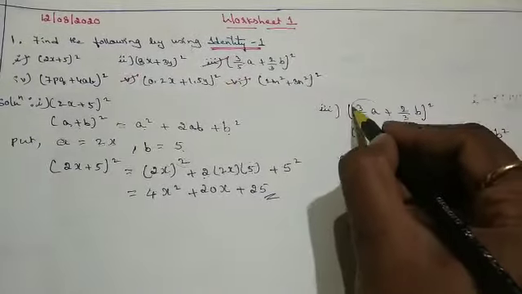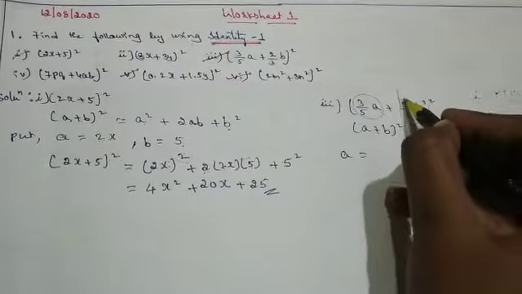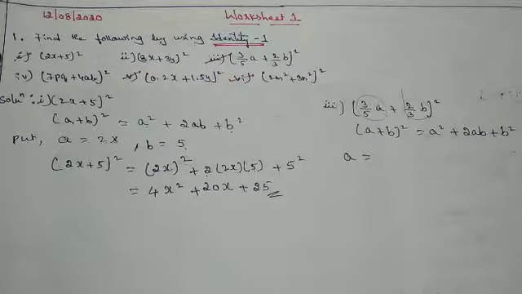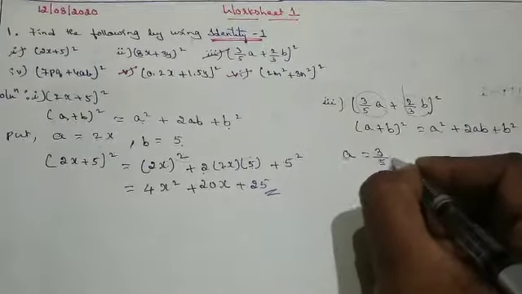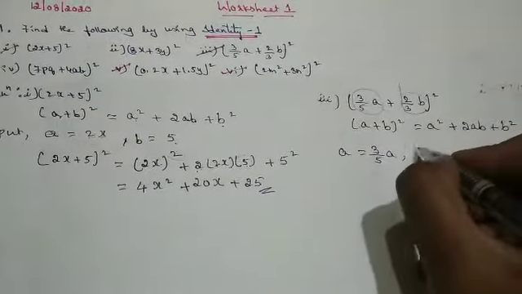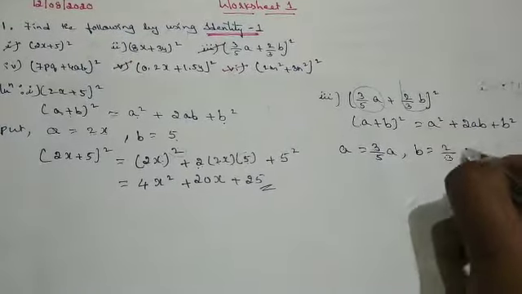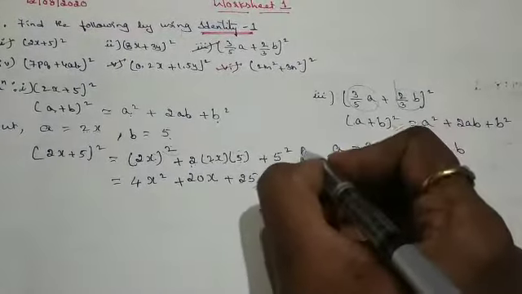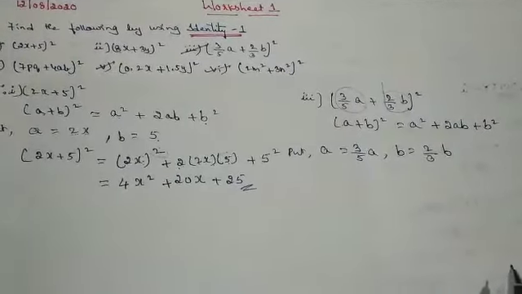This complete term stands for a and this complete term stands for b. Now you write down what is a. A is nothing but 3/5 a, and the value of b is nothing but 2/3 b. So put a equal to 3/5 a and b equal to 2/3 b.